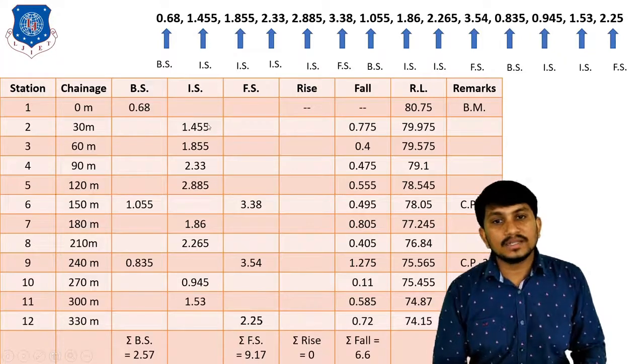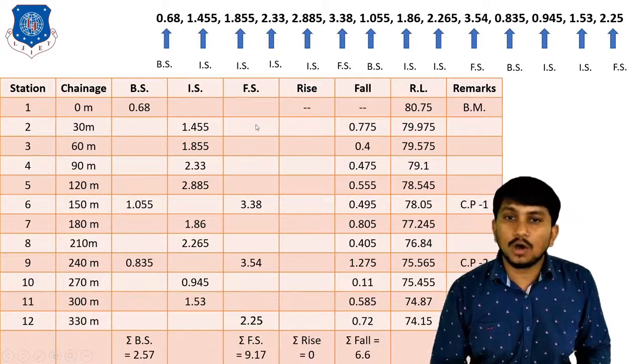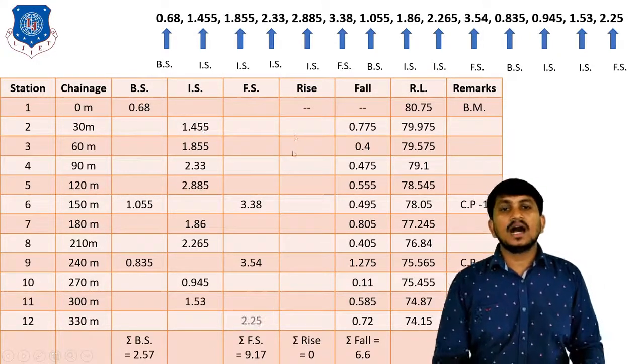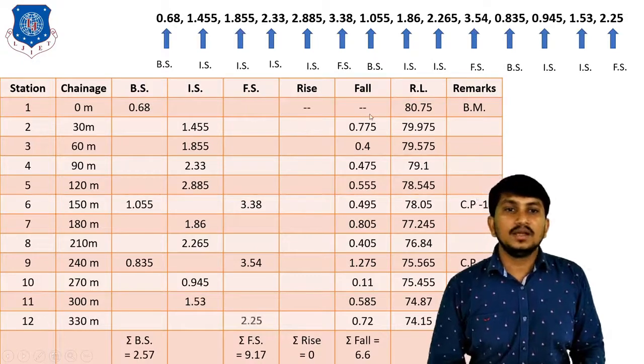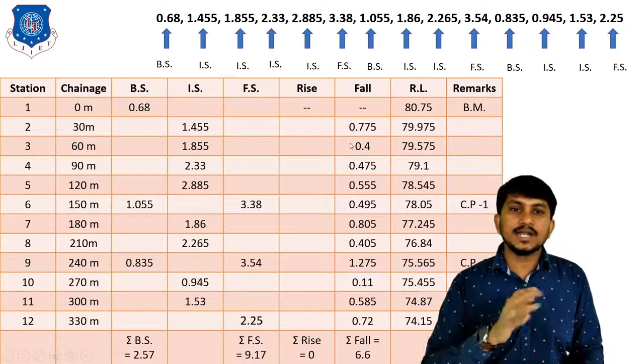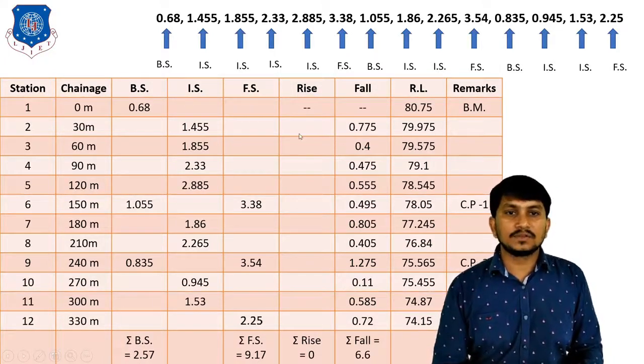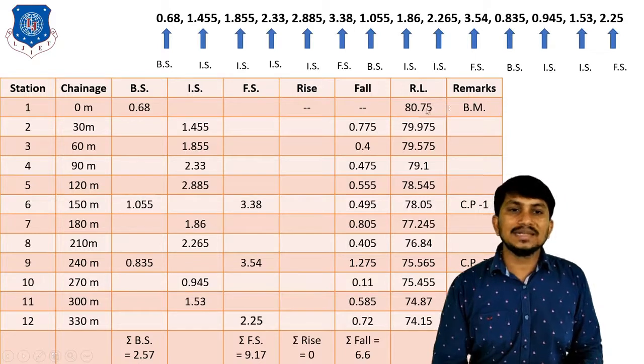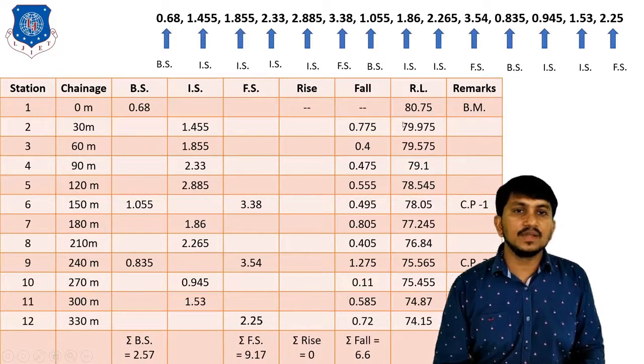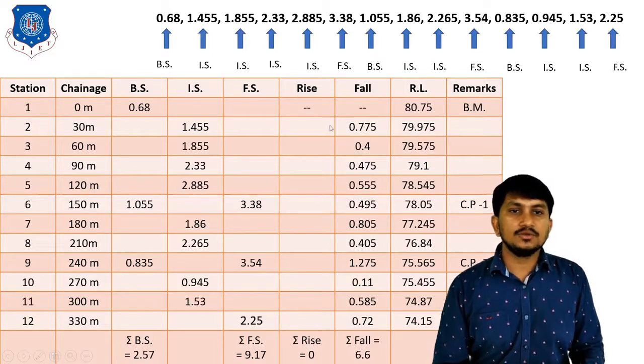This is how we can calculate the rise or fall of each station. After finding the rise or fall, we can calculate the RL of all points by adding or deducting the rise or fall from the preceding RL. So we have the RL of the first point, 80.75. To calculate the RL of the second station, we have to use the rise or fall.